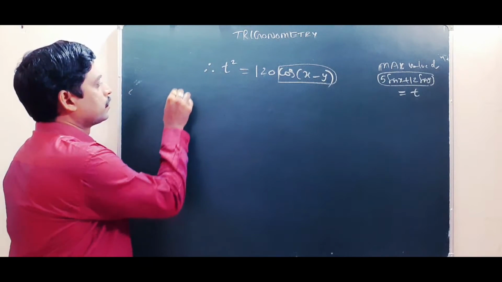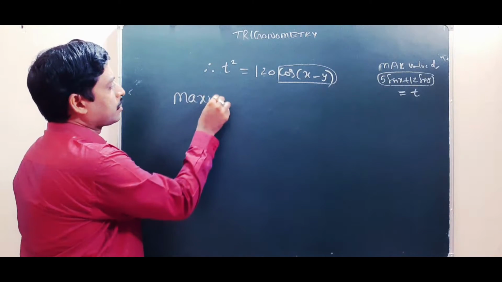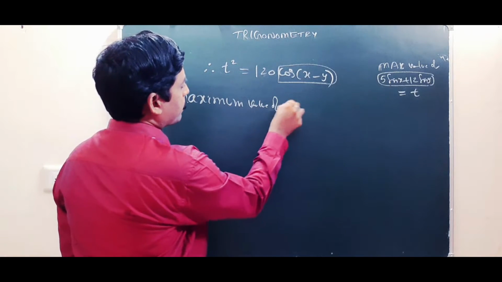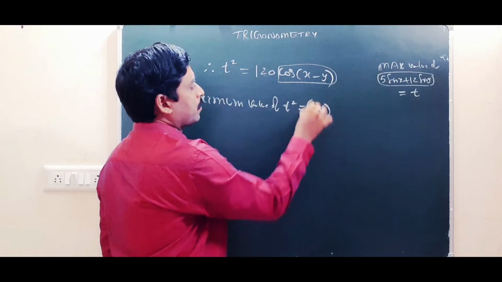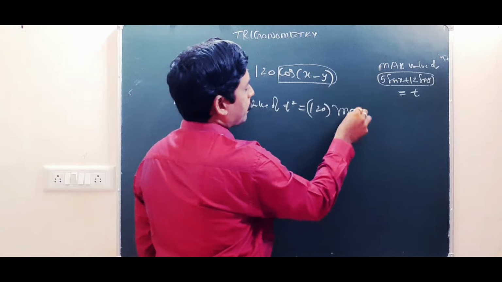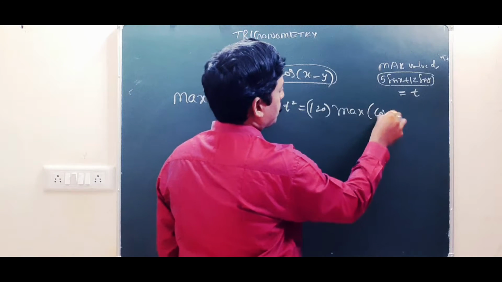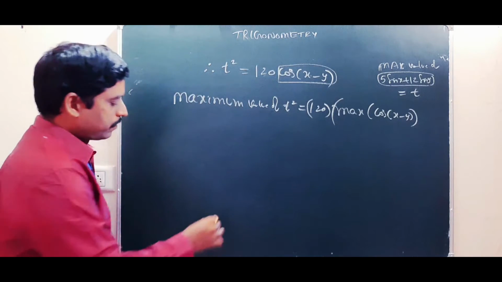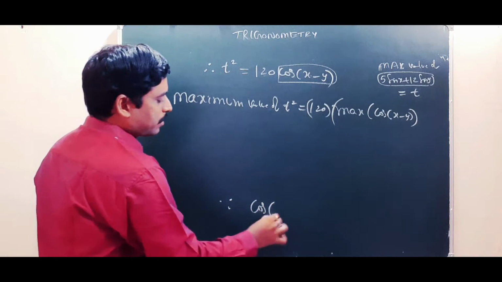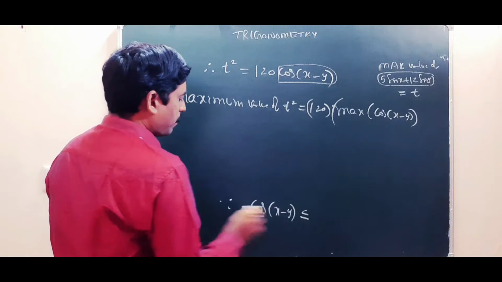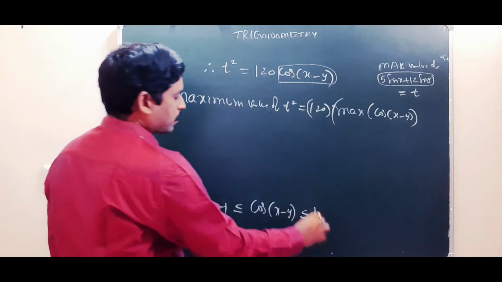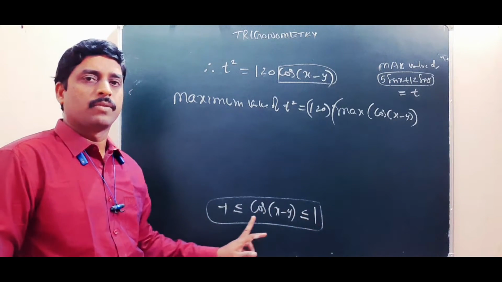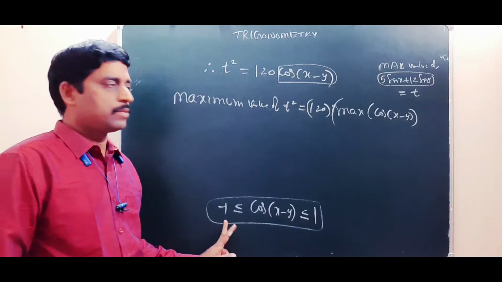So first we have to find the maximum value of t square, 120 times the maximum value of cos(x minus y), where the cos function lies between minus 1 and plus 1. So the maximum value of cos(x minus y) is plus 1, and the minimum value of cos(x minus y) is minus 1.